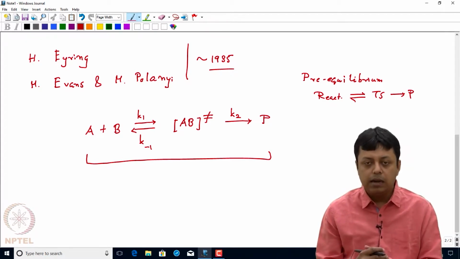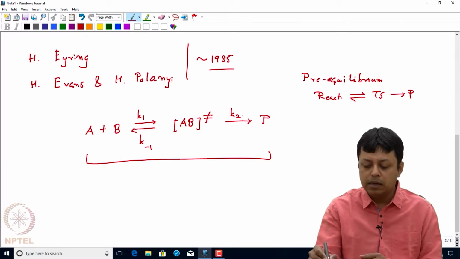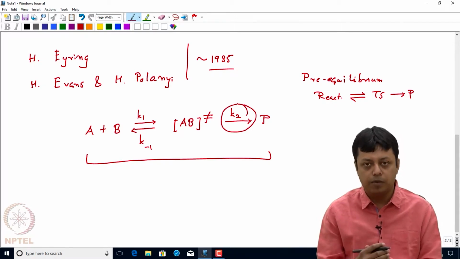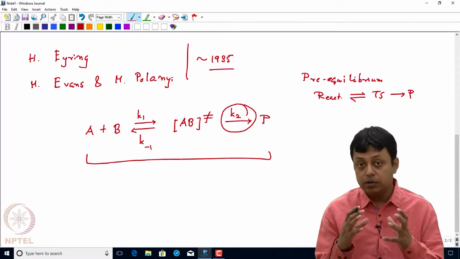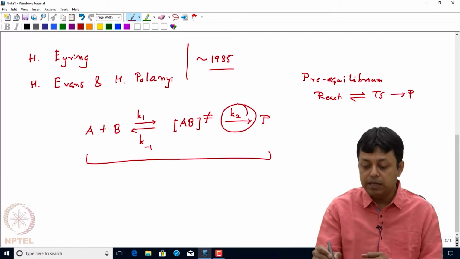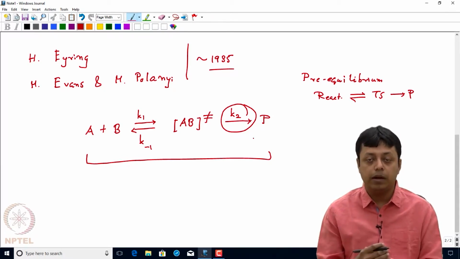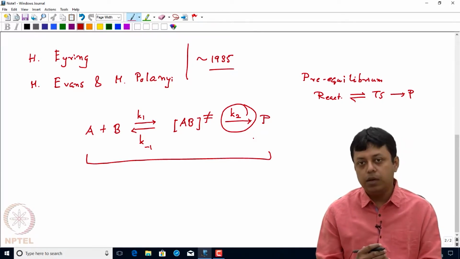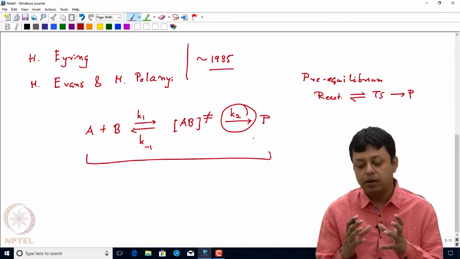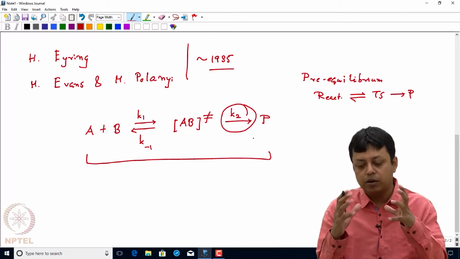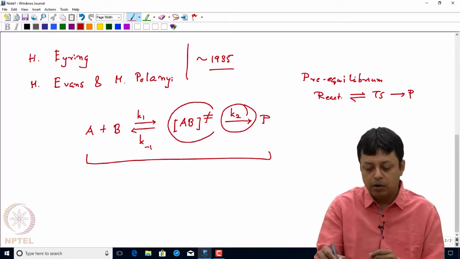Secondly, what is the rate of product formation? Now you know that this equilibrium approximation will hold if the step with k2, the second step or the rate step of product formation, is much slower. Usually that means that whenever I form an activated complex, according to their nomenclature, it is called an activated complex.